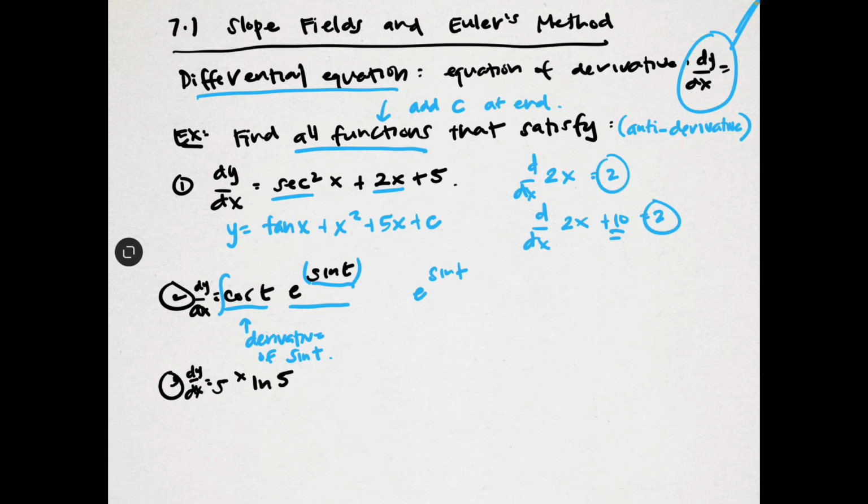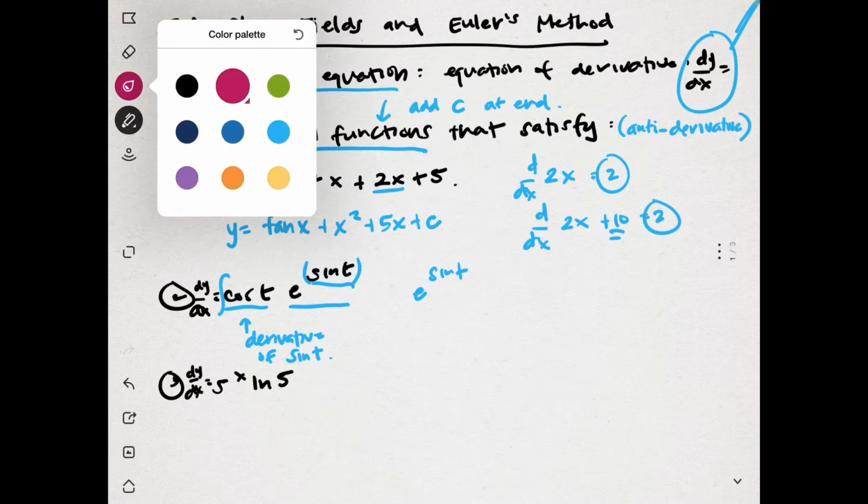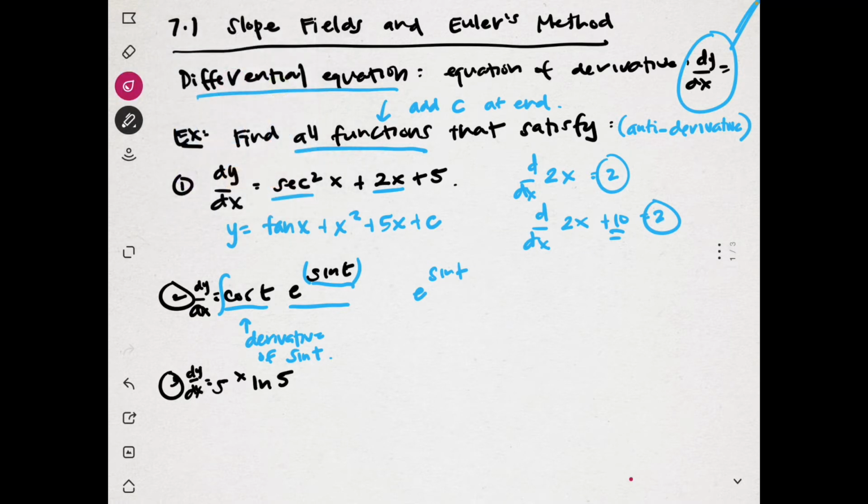Now let's explore why that is. Remember when we were doing derivatives and we did the derivative of a function where we had an inside. So we said that u is, this would be our u, sine t. When we did the derivative of it, we had to do the chain rule, right? So we're going to go e to the sine t, because the derivative of e is itself, right?